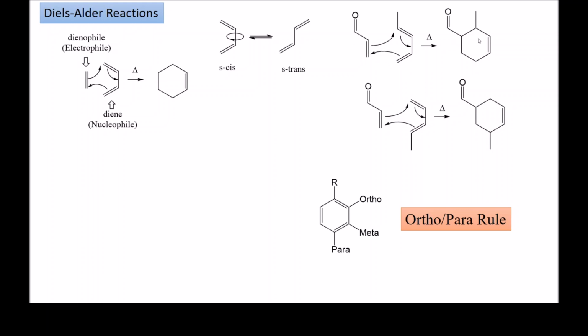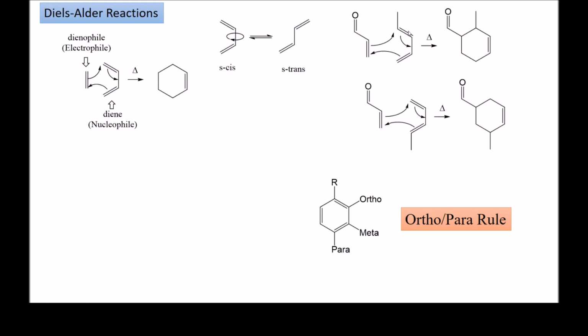The one that I showed you at first, where this is called an aldehyde, where the aldehyde electron withdrawing group ends up adjacent to the methyl group, or where the aldehyde ends up one carbon removed from where that methyl group shows up. And that would occur if the two molecules bumped into each other in a different orientation.